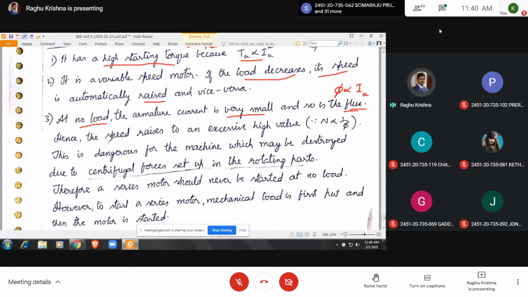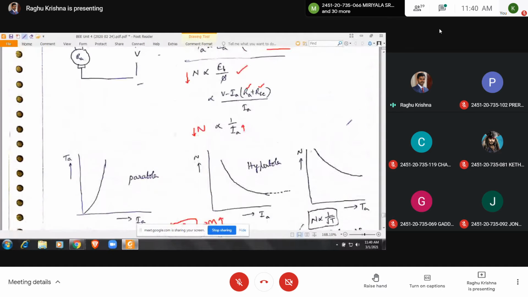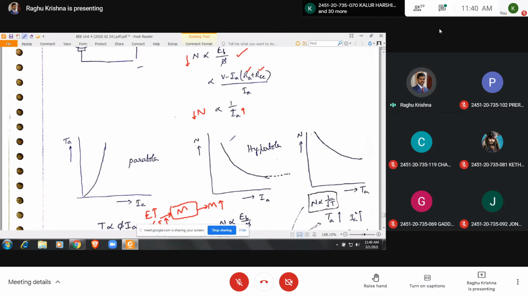Hence, the speed increases to an excessively high value. You know that speed is proportional to 1 by phi. Here, speed is proportional to 1 by Ia, in other words, we write Ia instead of phi.